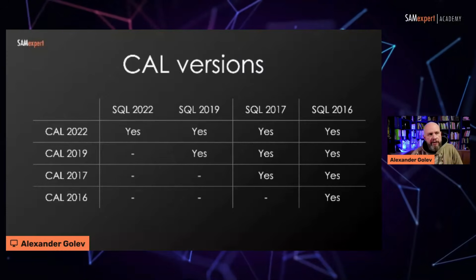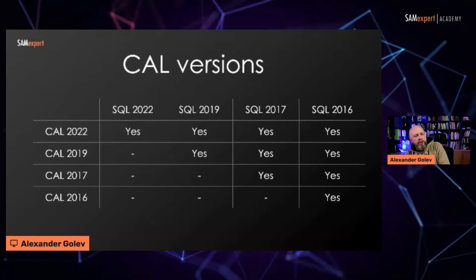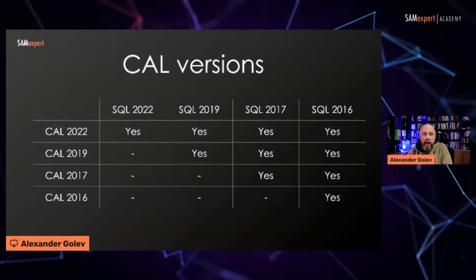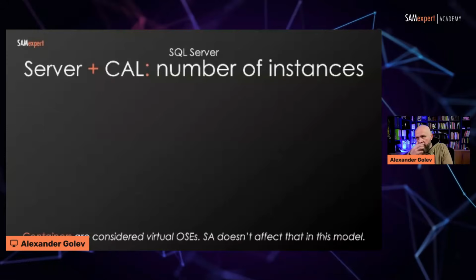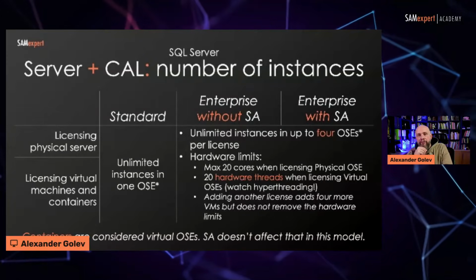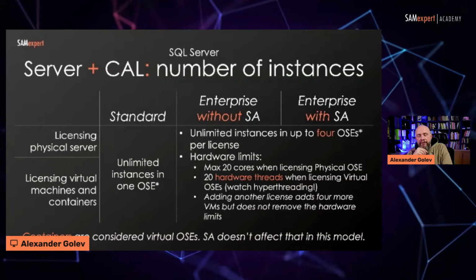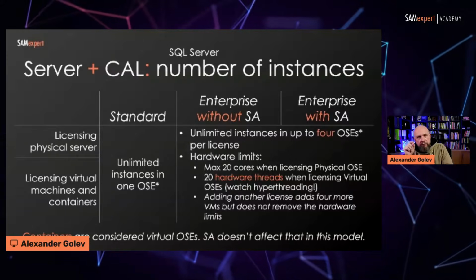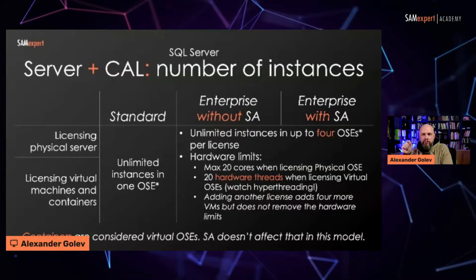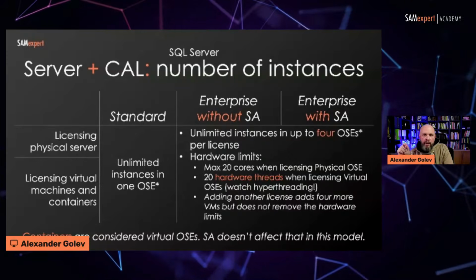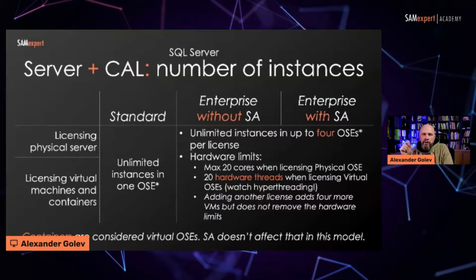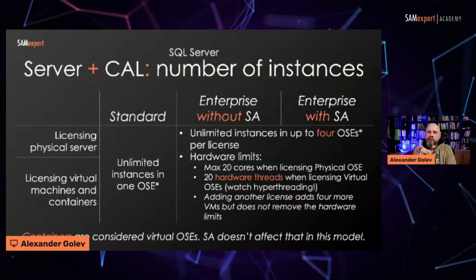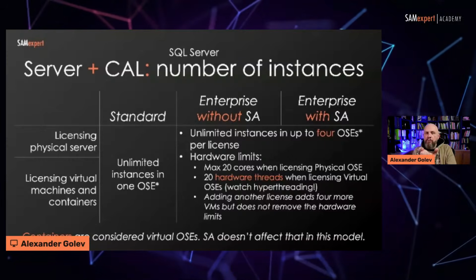Now we get into a more complicated bit, which is directly related to calculating licenses and optimizing SQL Server licenses. And that is the number of instances that you are allowed to run under a license. Again, we'll start with the Server plus CAL licensing model, in which when you license the servers, you assign one license to each operating system.